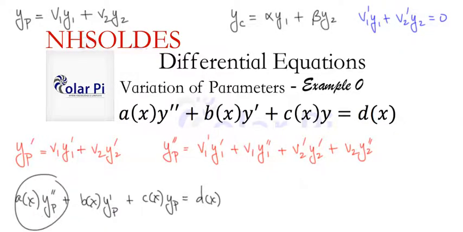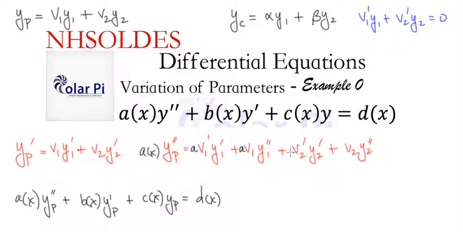Let's look at what these terms look like: a of x times yp double prime. So it's basically writing a of x here and a of x here. Let me actually, for simplicity, just write a. Is that okay? I see you nod.